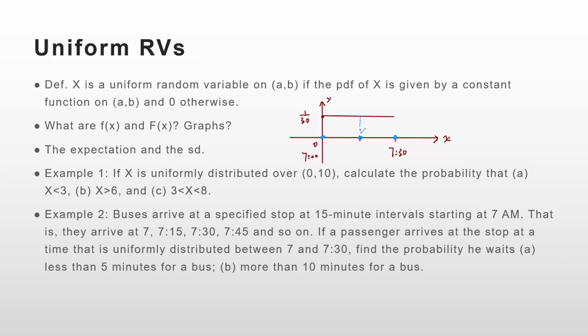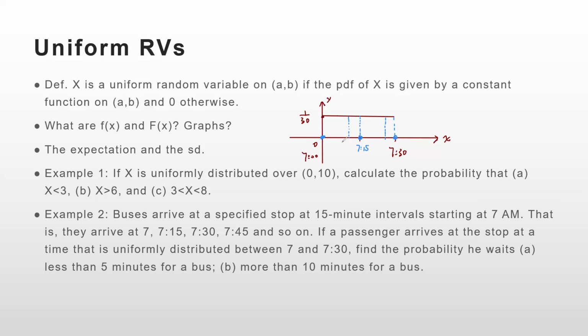So, in order to wait less than 5 minutes, the person has to arrive less than 5 minutes before the bus arrives. The bus arrives at 7:15 and 7:30.